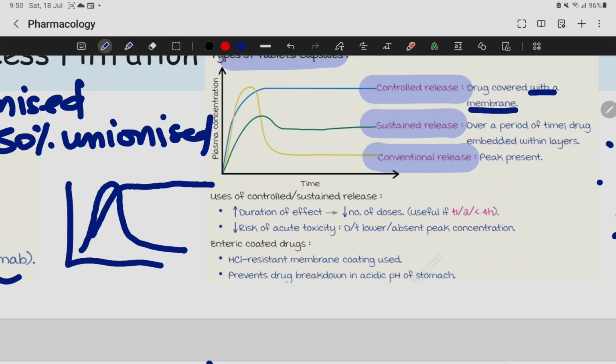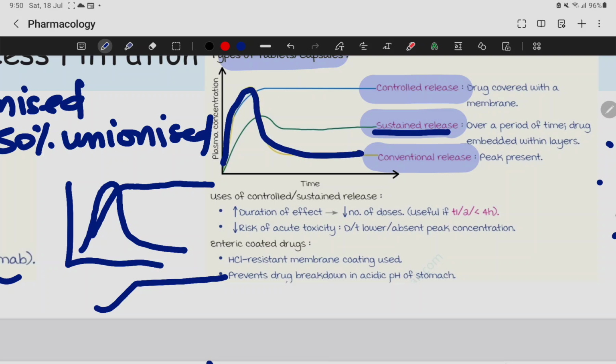Sustained release starts early, but over a period of time the drug is embedded within layers. If there is a peak and it is going down, it is conventional release. If it stays level, that is controlled, and if it goes below and above, it is sustained release.